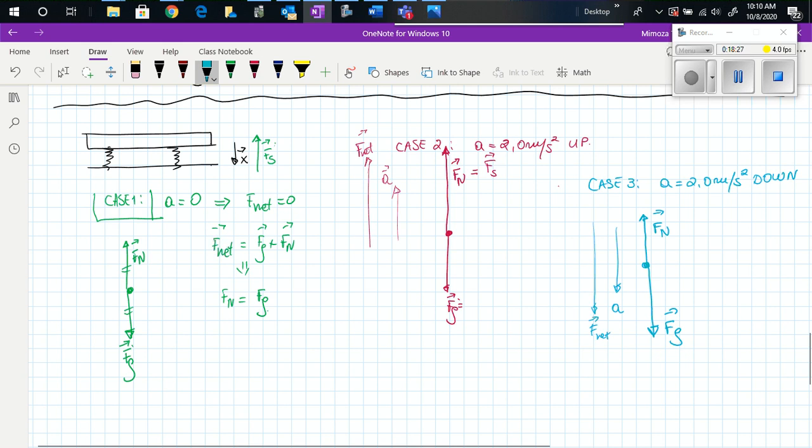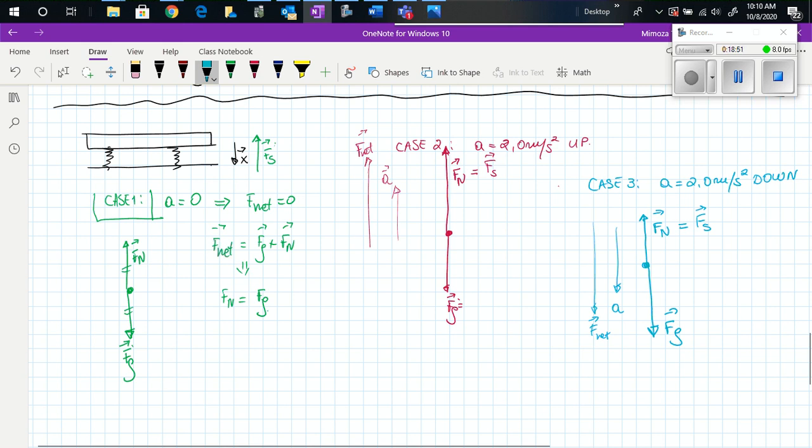Since force normal is related with the force of the spring on the scale, this is going to show that you are weighing less, even though you are in an elevator.